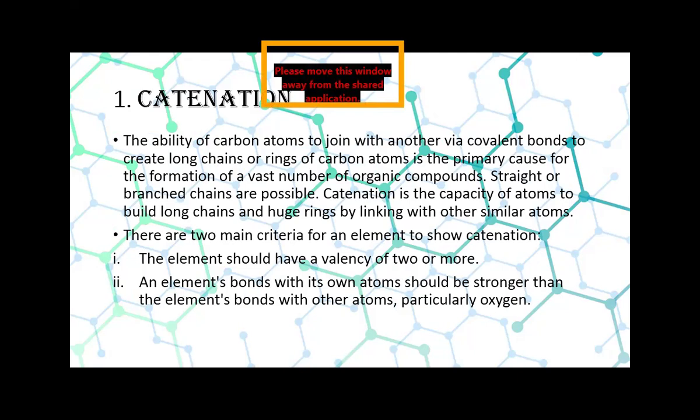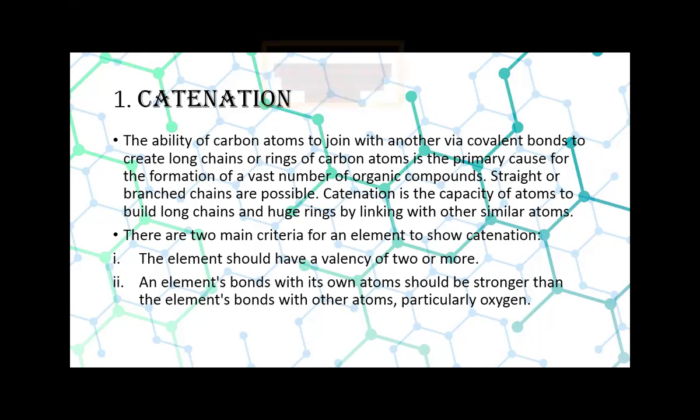In the catenation process, one carbon atom binds with another carbon atom, forming a covalent bond. Then the second carbon atom again binds with another carbon atom via a covalent bond. Then a long chain is formed between carbon atoms, or sometimes this chain becomes closed and forms a ring-like structure.